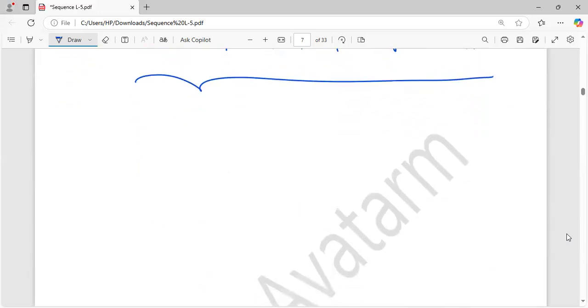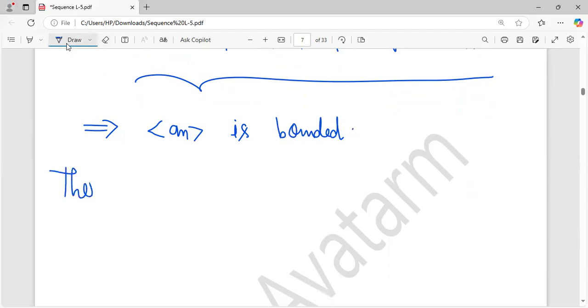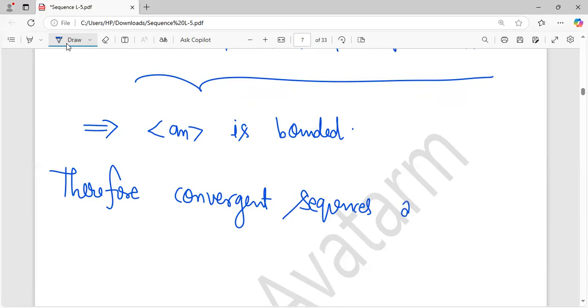The meaning is that this sequence is bounded. Therefore, convergent sequences are bounded.